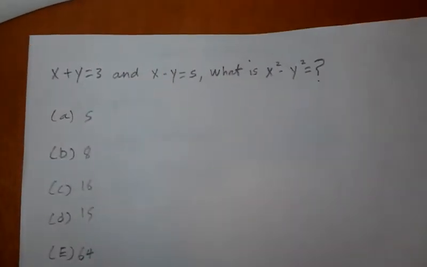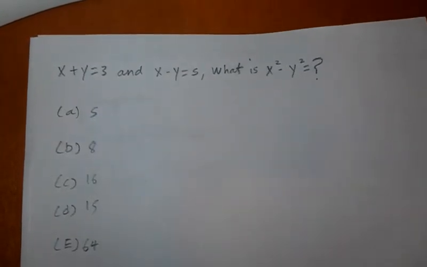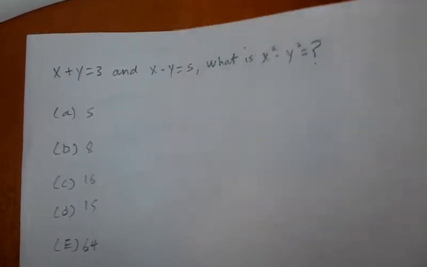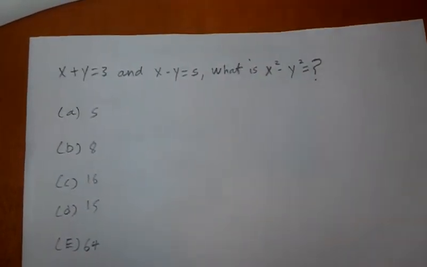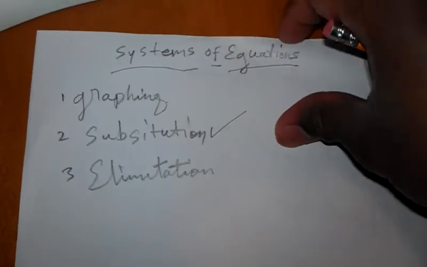So one more time. If x plus y is equal to 3 and x minus y is equal to 5, what is x squared minus y squared? And we have 2 equations. Let's solve this problem right now.